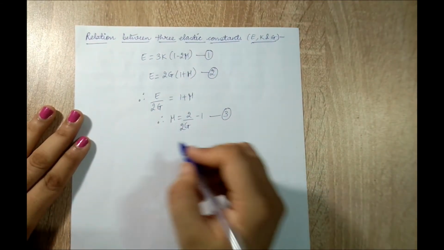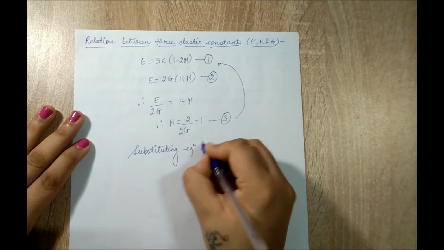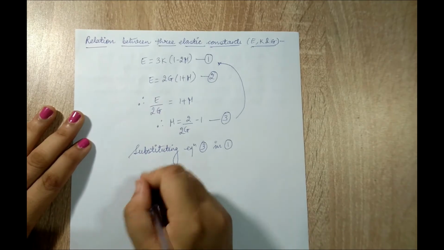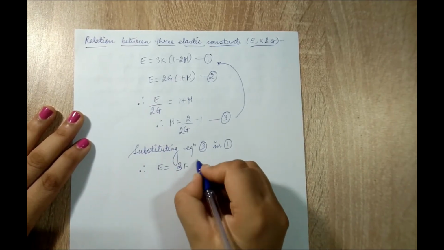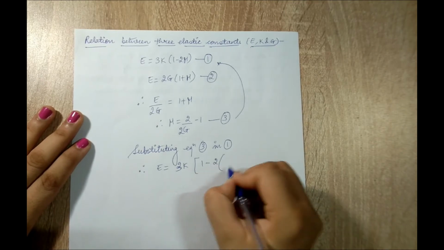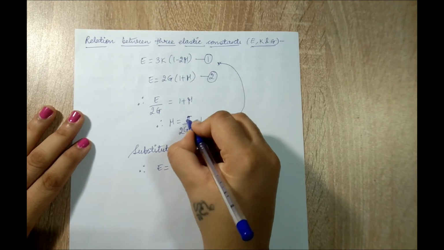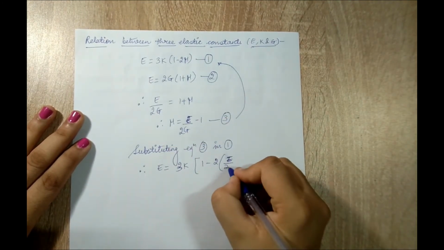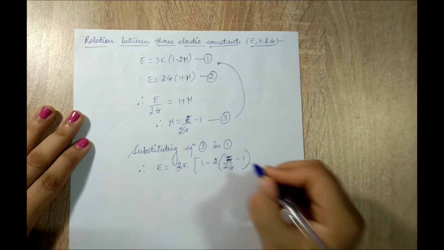Suppose I substitute equation 3 in equation 1, therefore I'll get E is equal to 3K (1 minus 2 into (E upon 2G minus 1)).